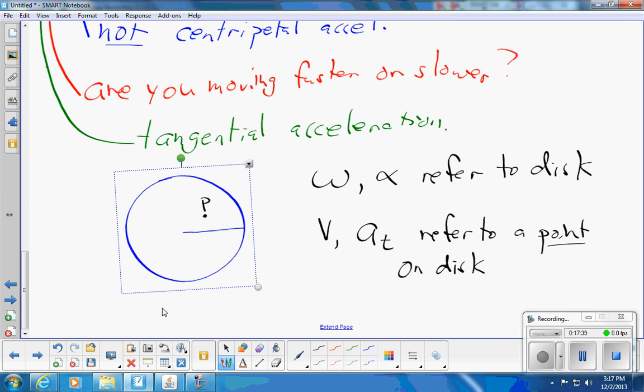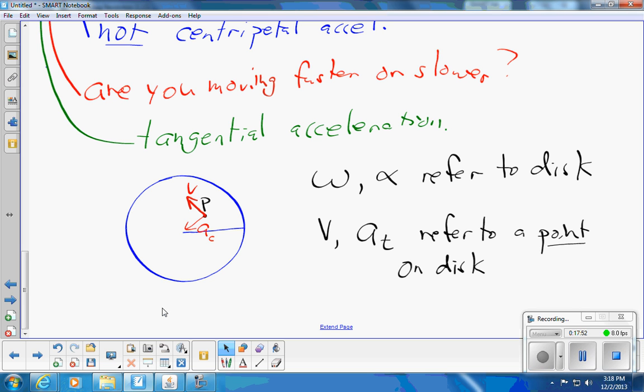In terms of linear velocities, it has a certain v, and point P has a certain acceleration toward the center, centripetal acceleration. Okay, but it has no tangential acceleration. AT is 0 if alpha is equal to 0, if you're not rotating faster and faster or slower and slower.